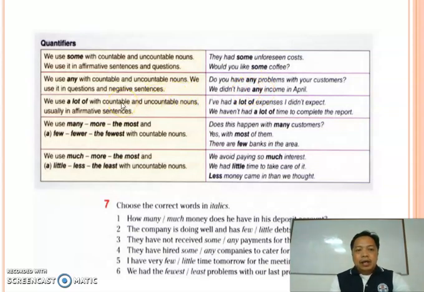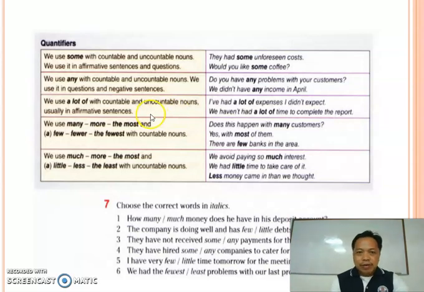Another quantifier here is a lot of. So we use a lot of with countable and uncountable nouns. Do you remember what countable and uncountable nouns are? Okay, to review, countable are the things that we can count, yeah, and uncountable are those things that we cannot count.